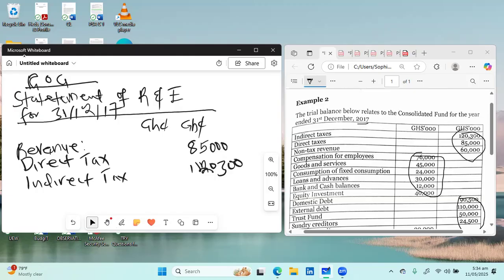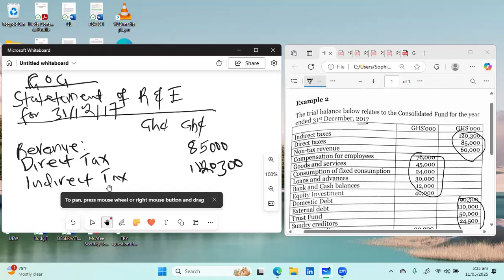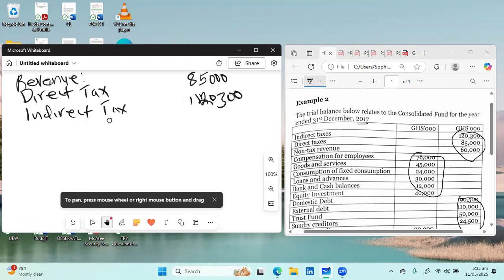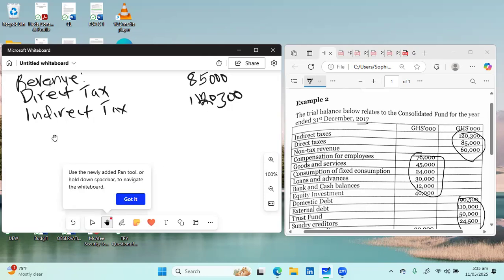What other revenue stream will we have? Yes, non-tax revenue.